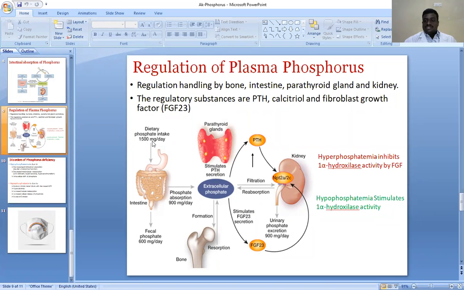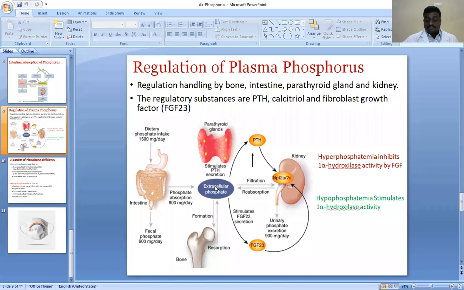Whenever we take a sufficient amount of phosphate-containing substances, they reach the intestine, where intestinal absorption takes place, and the absorbed phosphate enters the blood. Here you have to remember that this regulation is always opposite to the calcium regulation.